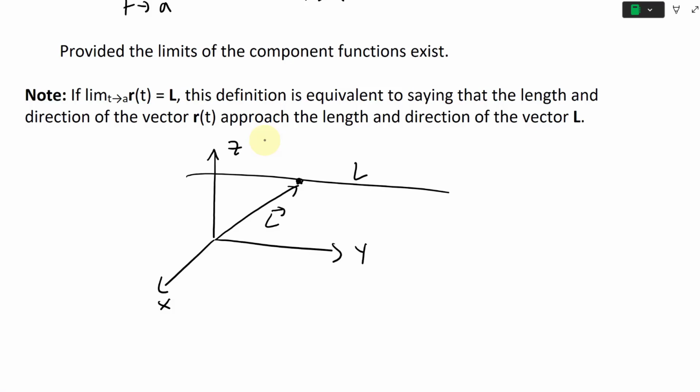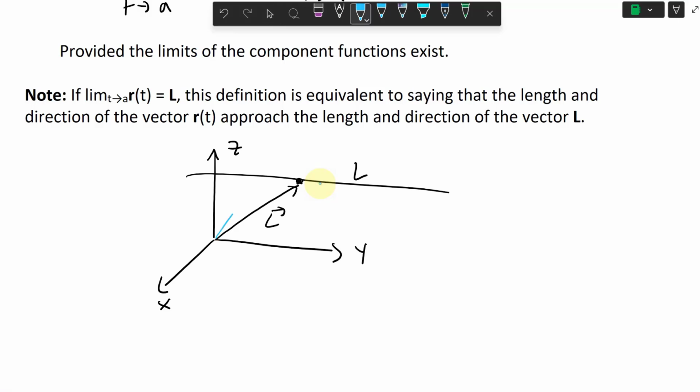Then our other vector is approaching closer and closer to it as t gets closer. Let's say we have a vector like this, in a different color. This is the r of t vector, and it gets closer and closer to L until it becomes pretty much flat with it.